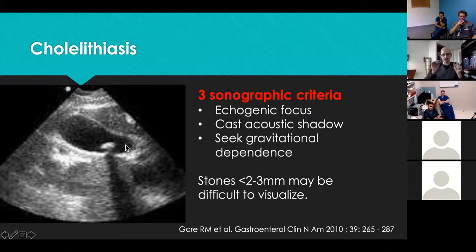That's important because we need to put the focus where the stone is, and that's when we can actually see the shadow. If you put the focus on top of it or the bottom of it, you might not see the shadow, or if the stone is too small.